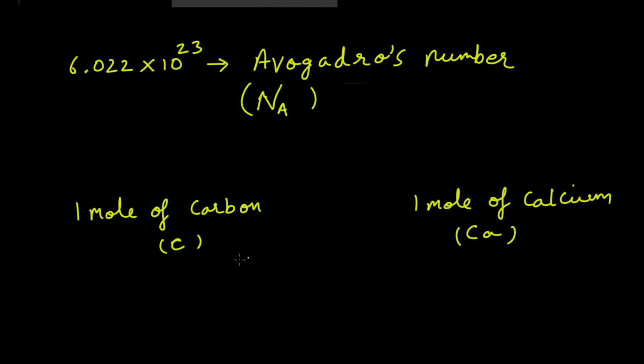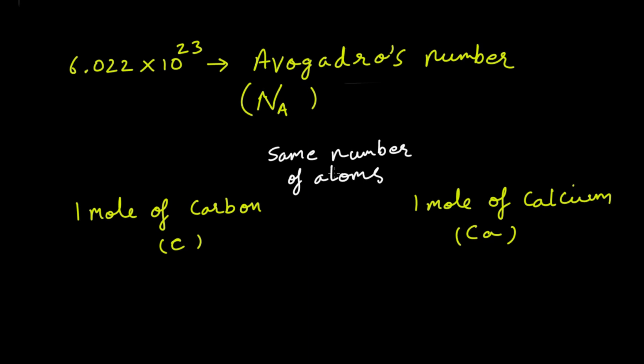Always remember that 1 mole of carbon and 1 mole of calcium. We are taking examples of carbon and calcium. You can take any other atom also. 1 mole of carbon and 1 mole of calcium will always have the same number of atoms, right? Why?